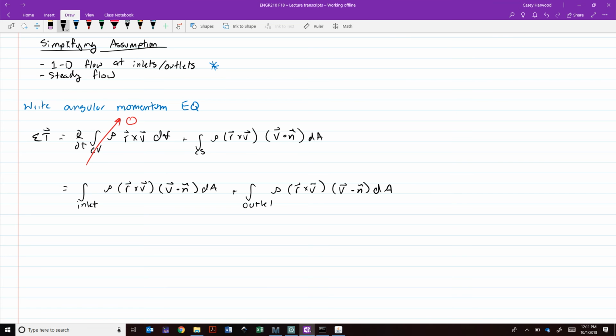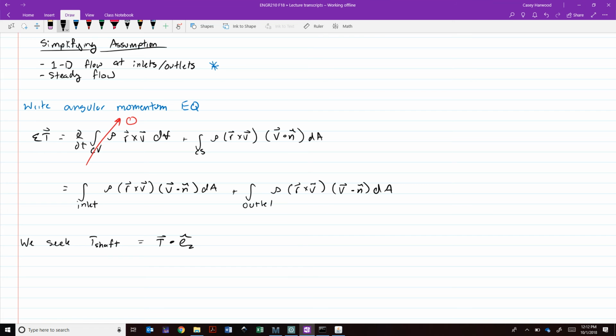So we seek T shaft, which is the total torque dot product with the z unit vector. We're looking for the component of the shaft torque that lies along the shaft. That's all I'm saying here.